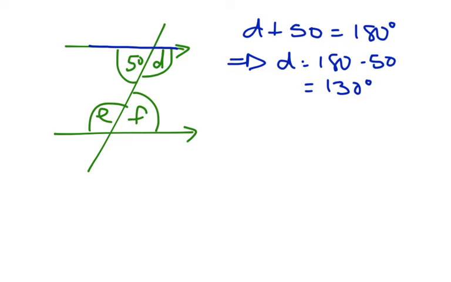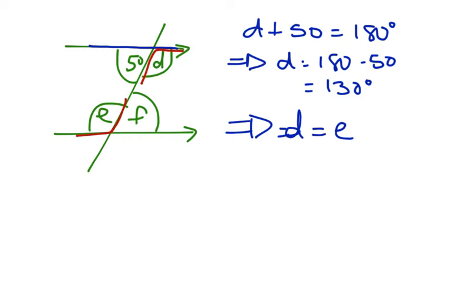Once I know D, I also know E, because D and E are equal. Look very carefully: they are within the shoulders of the Z we talked about, which means they're alternate angles.